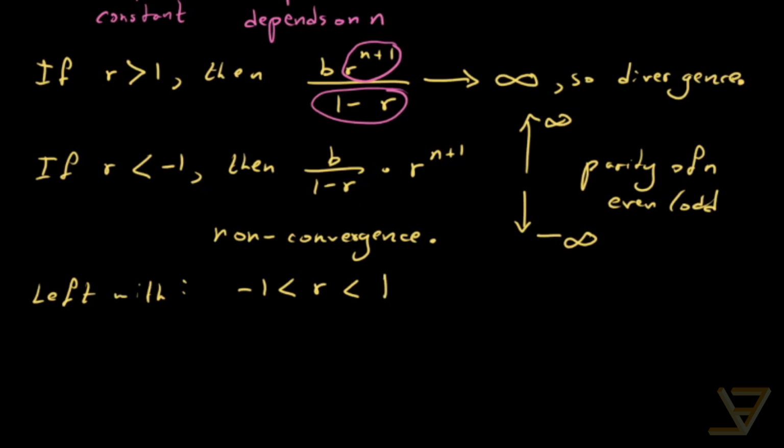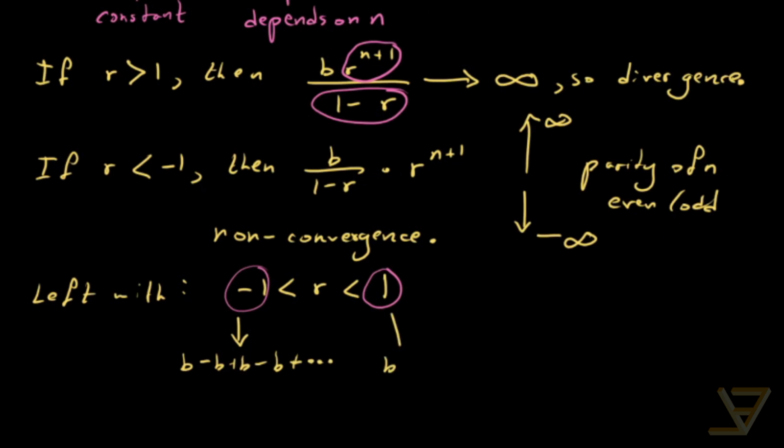For r equal to -1 or to +1, you can analyze those by yourself. Neither of those converge, because for this one we fluctuate between two numbers, so we get b minus b plus b minus b and so on, and that does not converge.